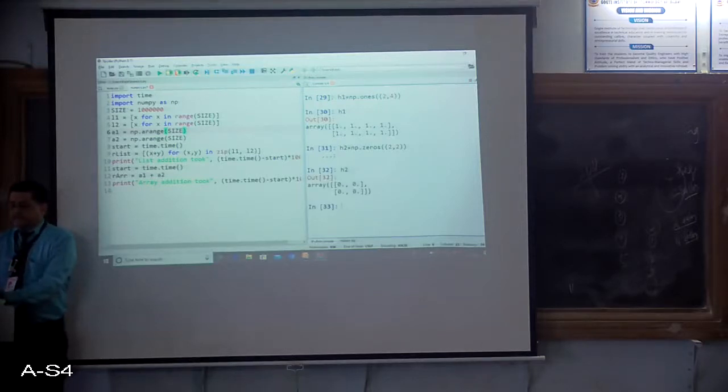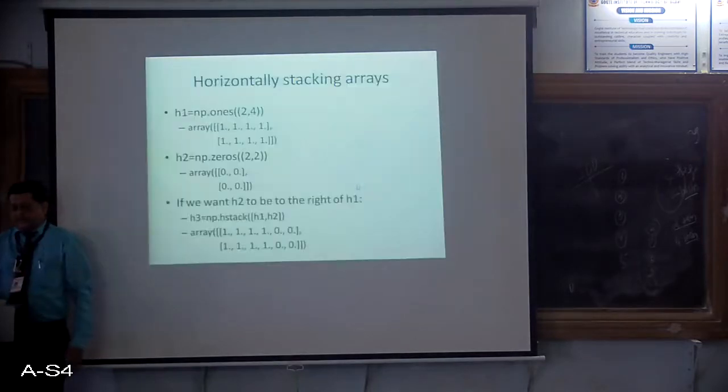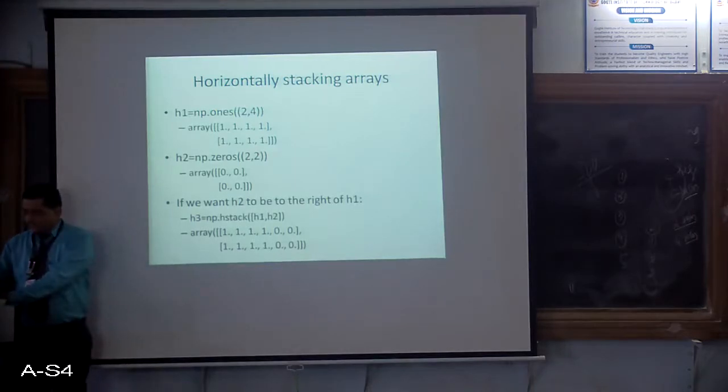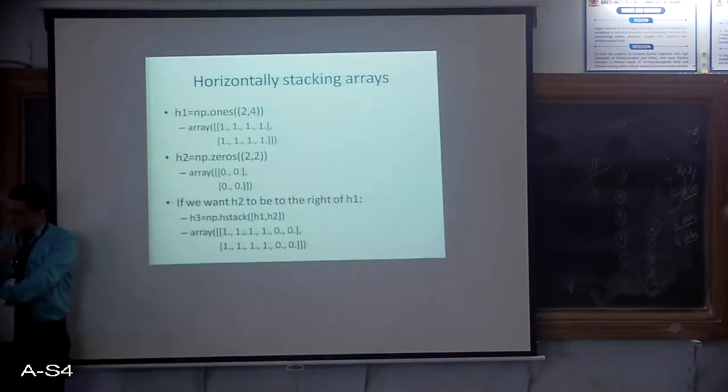Now we can place H1 beside H2, or rather H2 I want to place after H1. That is what we call horizontal stacking. You can observe that H2 has been stacked horizontally after H1. This is done using a function called hstack available on NumPy.